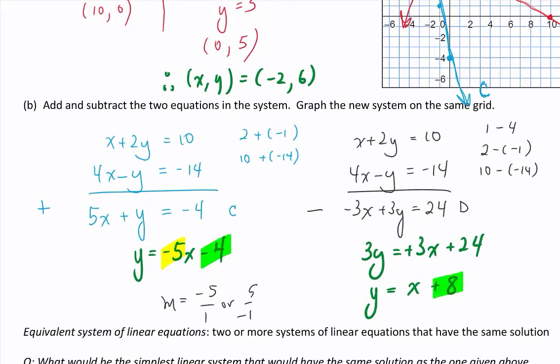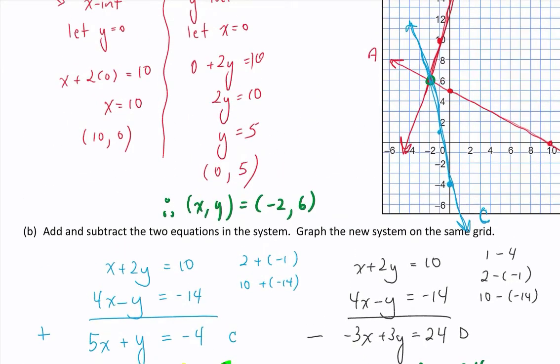Y-intercept of 8, a slope of 1. And remember, that can be written as a slope equal to 1 over 1, or if we like, negative 1 over negative 1. So let's see which one works best. So let's start at 8. If we go up 1 into the right one, we see we're not going to hit any of the lines.